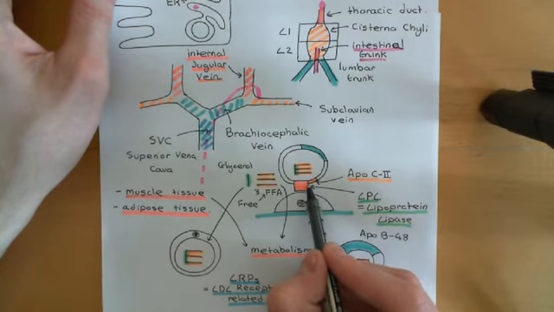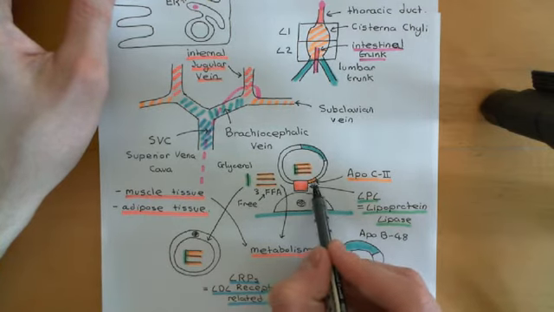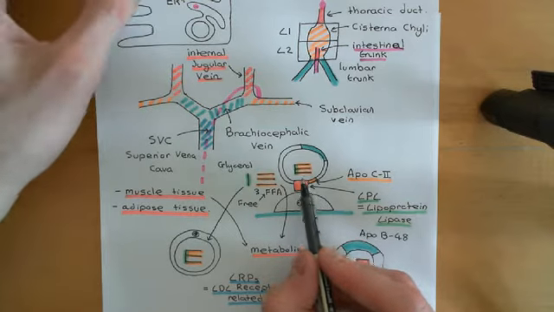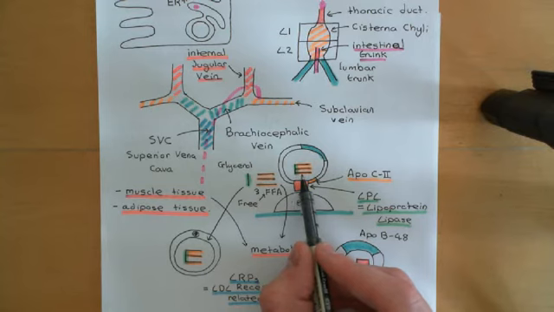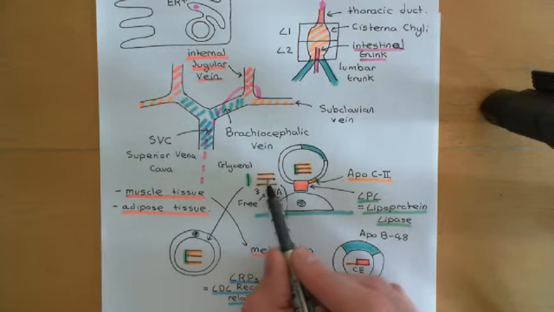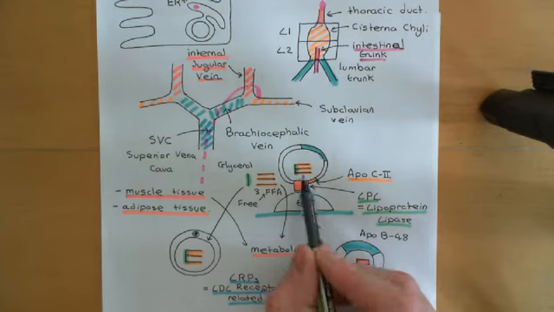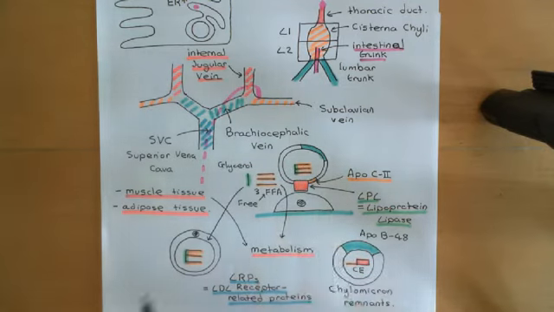Apolipoprotein C2 is going to bind to lipoprotein lipase and activate it, and then lipoprotein lipase is going to break down the triacylglycerol molecules into glycerol molecules and free fatty acids. These will diffuse out of the VLDL lipoprotein particle.